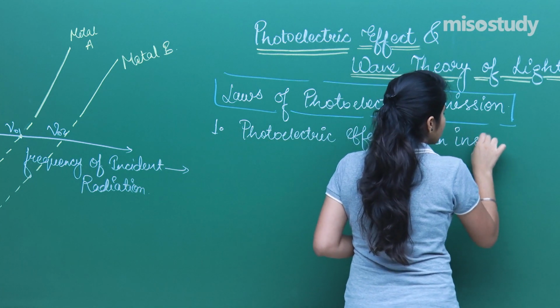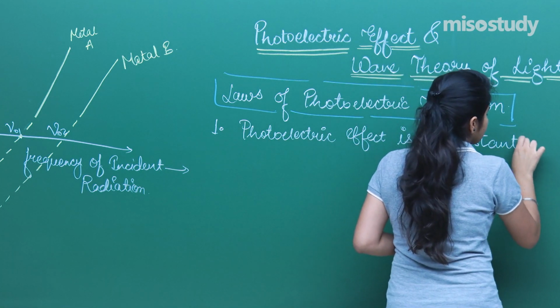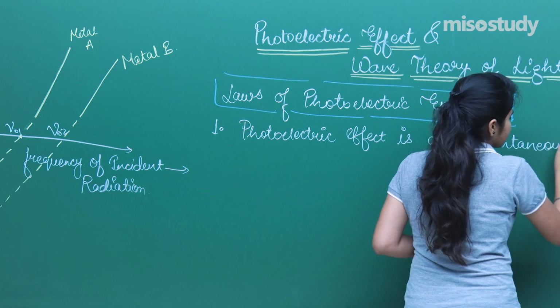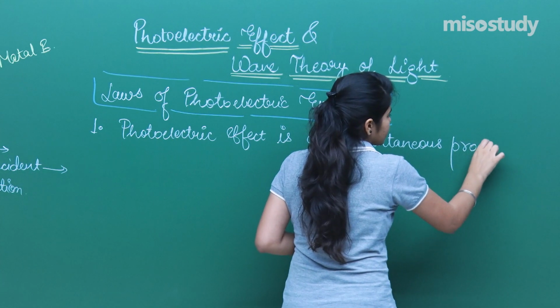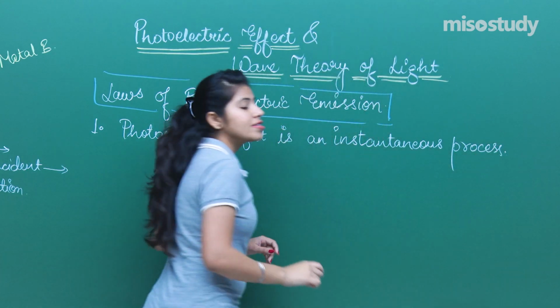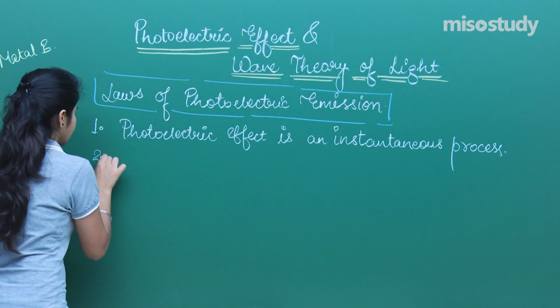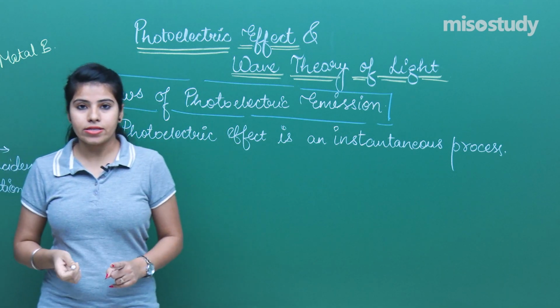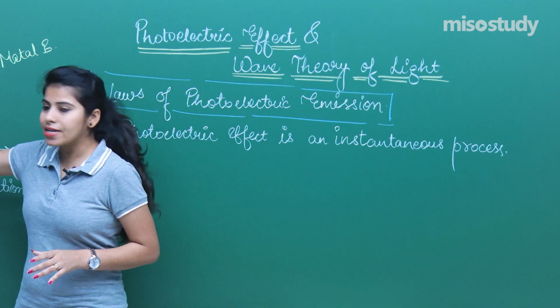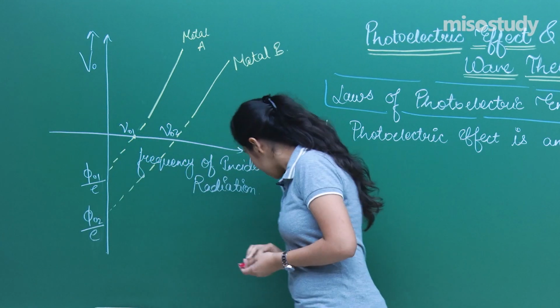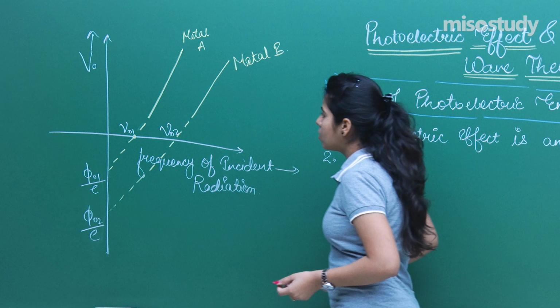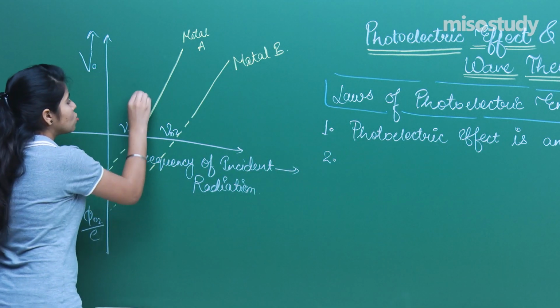First of all, now secondly, the second law says that until and unless your frequency is greater than the threshold frequency, let me just denote and write over here, this is the threshold frequency.